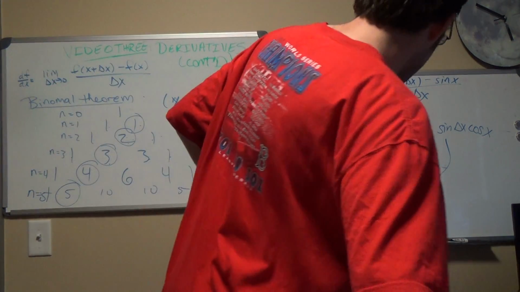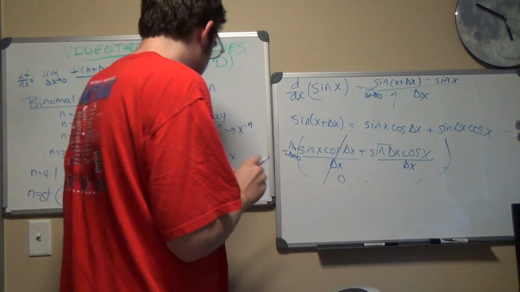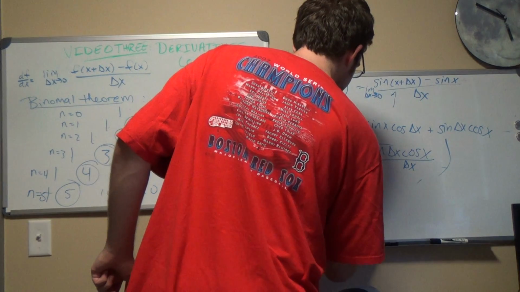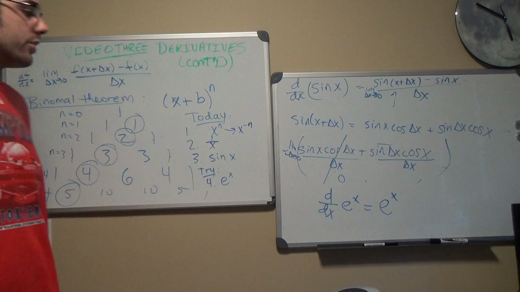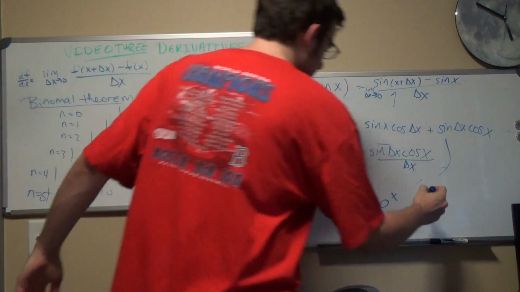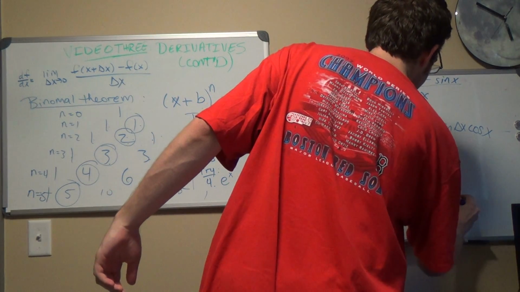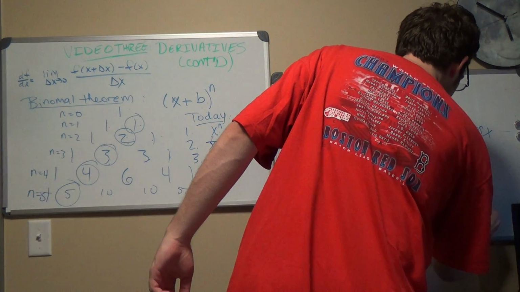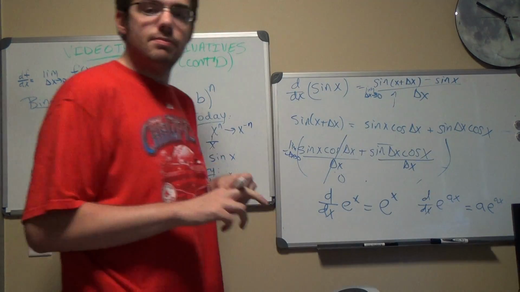If you can get d over dx of e to the x is e to the x, then you're golden. And if you want to challenge yourself even more, try finding the derivative of e to the ax using the same technique, and you should be getting a e to the ax.